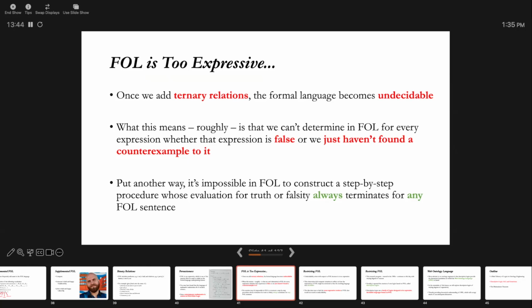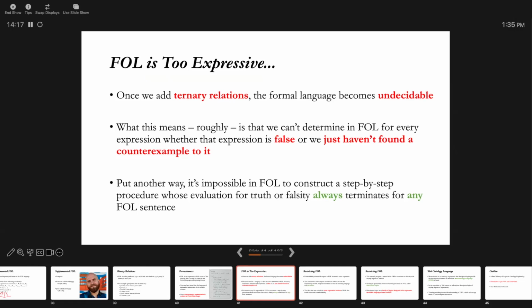In fact, if you take that interpretation of the quantifiers I just gave, where they're ranging over this and ranging over that with the variables, and you allow for more than two-place relationships, so more than John is next to Sam, if you allow for things like betweenness or having a part at a time, that's all you need for a language to become undecidable. What that means is we can't determine in this language, for every expression, whether the expression is false or we just haven't found a counterexample to it.